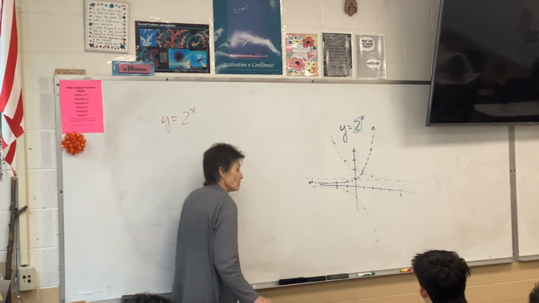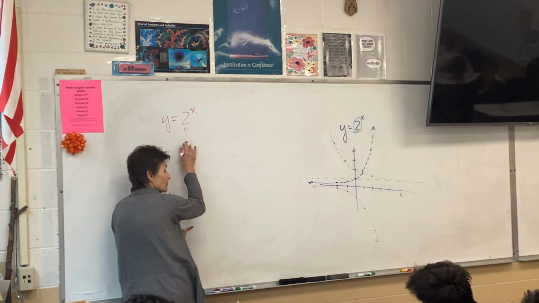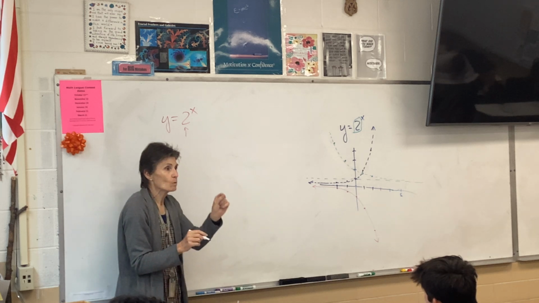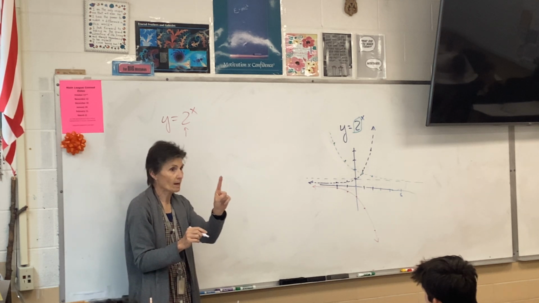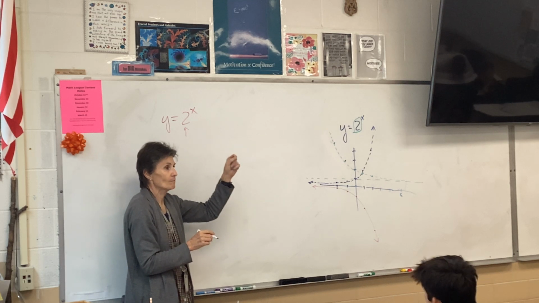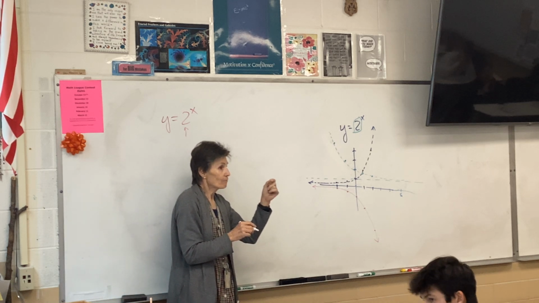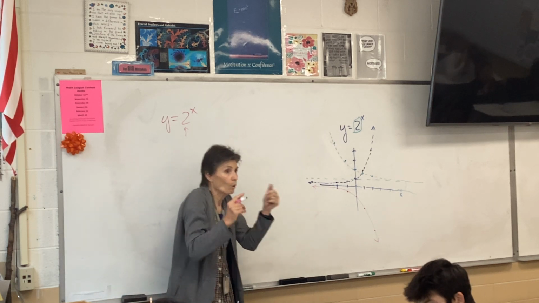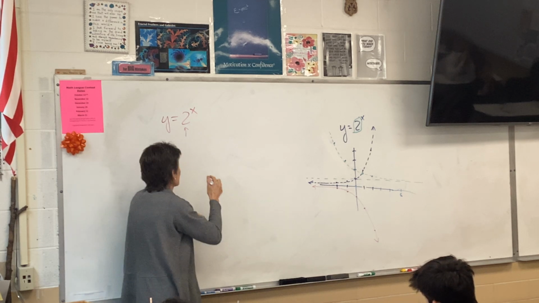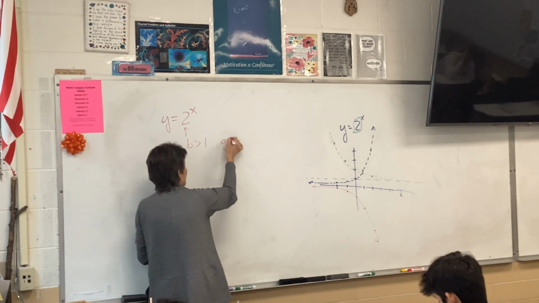And the reason the terms are getting bigger is the base, the 2, is bigger than 1. The base will always be positive. You're never going to have a negative number in that spot, ever. The base is going to be positive, but the base can be fractional, like 2/3, or it could be like 8. If the base is bigger than 1, you're going to have growth every time.